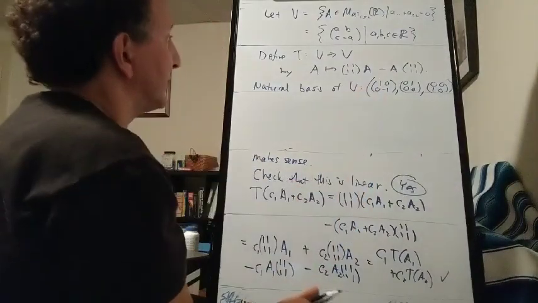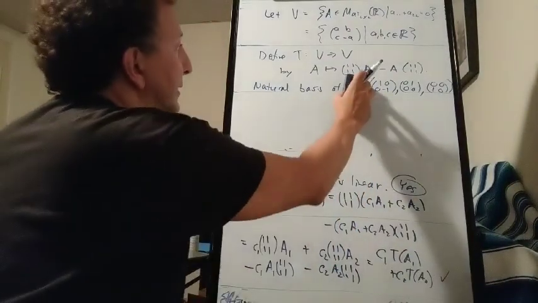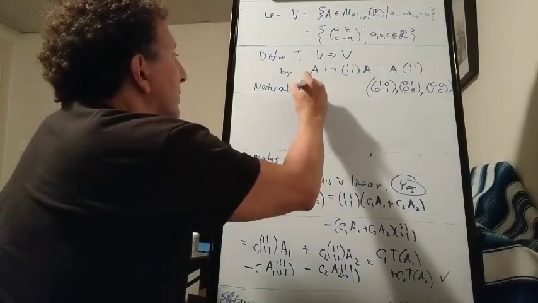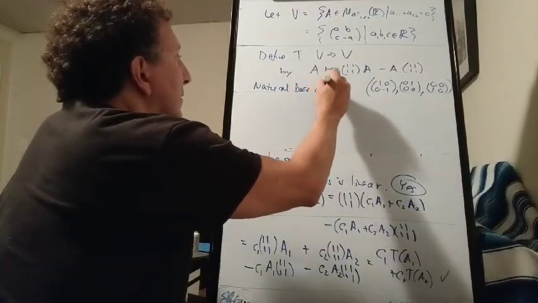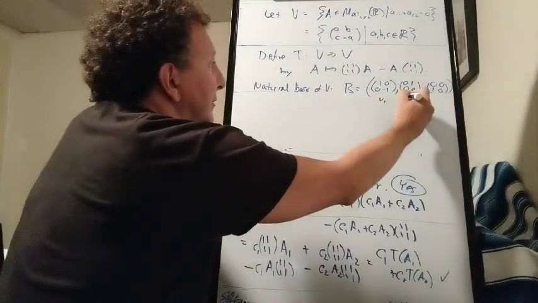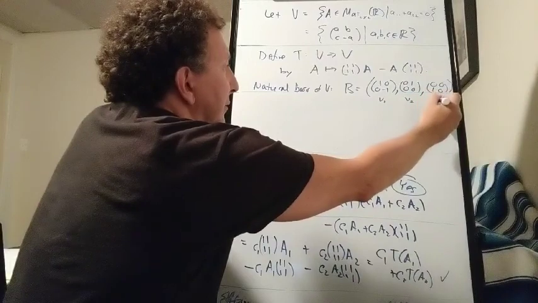So let's call this B. And let's call the elements of the basis V1, V2, V3.